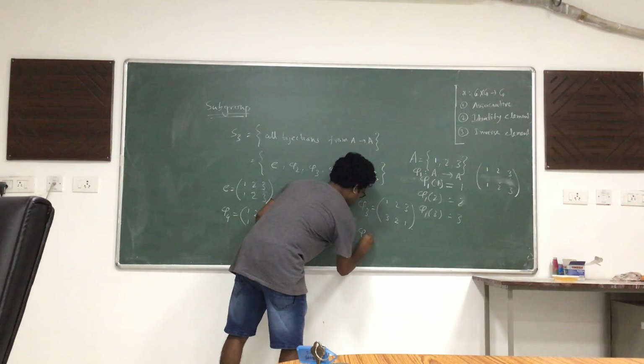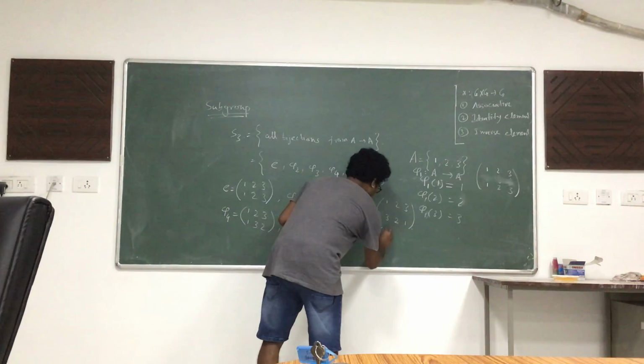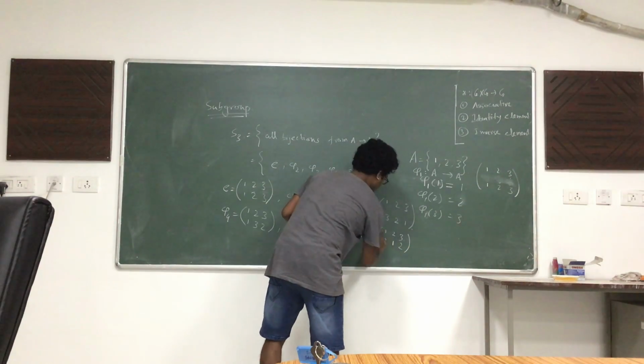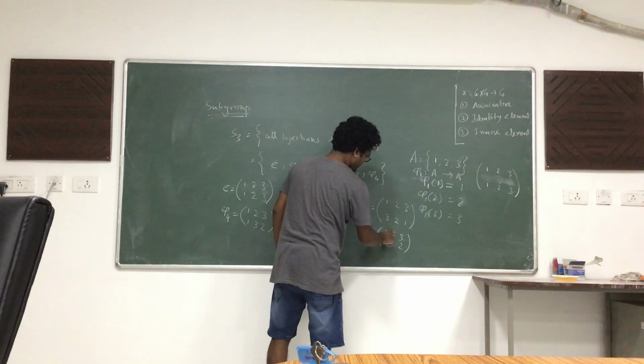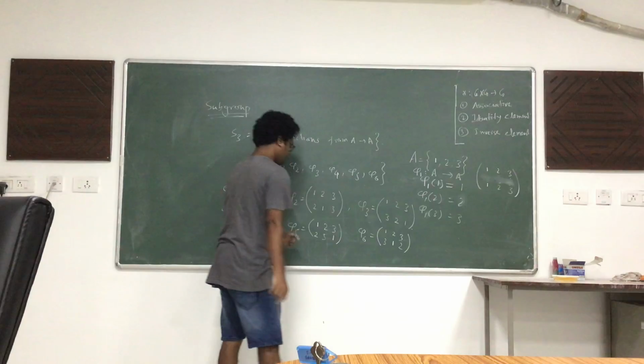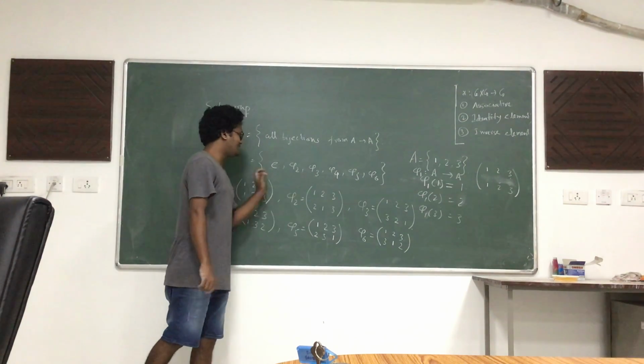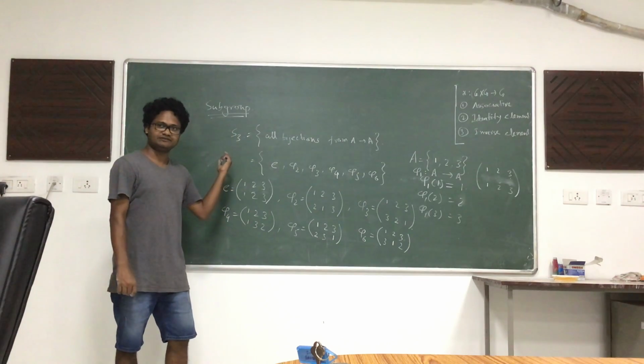And phi 6 is 1 goes to 3, 2 goes to 1, 3 goes to 2. So these are 6 distinct elements of S3.